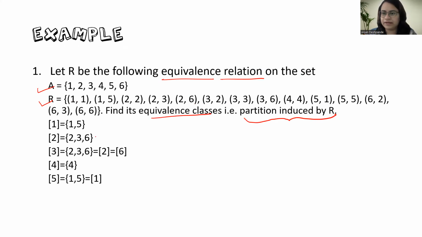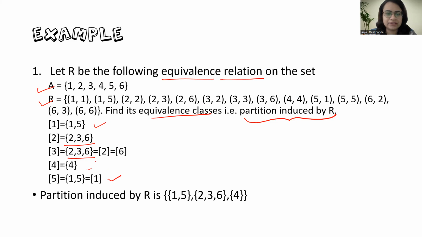The equivalence classes are directly given to us. As you can see, the equivalence class of 1 and 5 are same, 2 and 3 are same, and 4 is the different one among them. 6 is also same as 2 and 3.